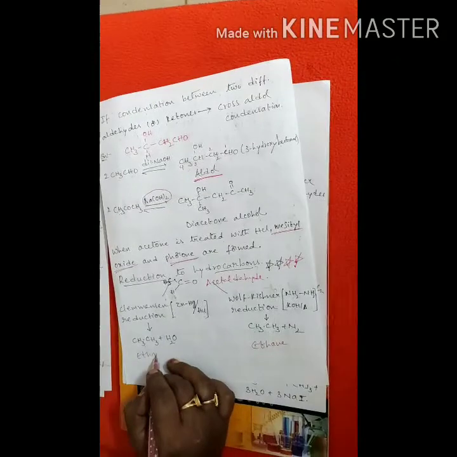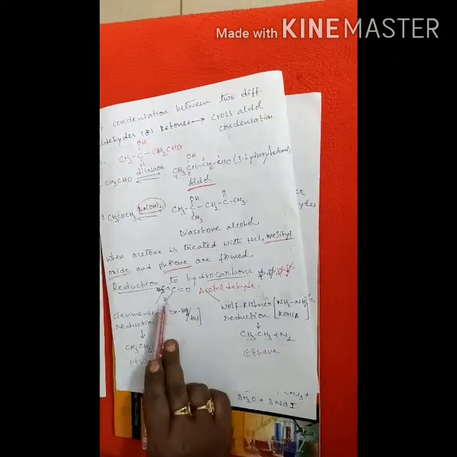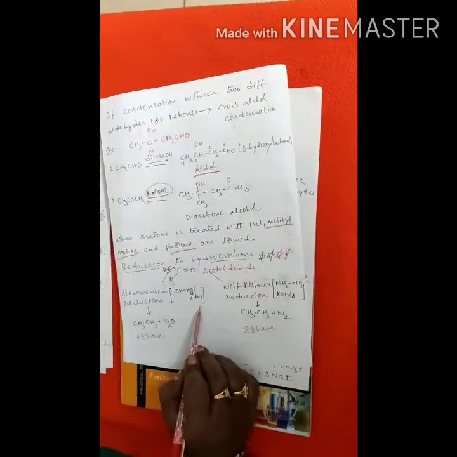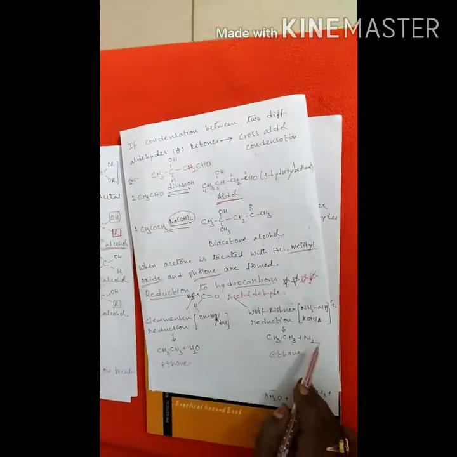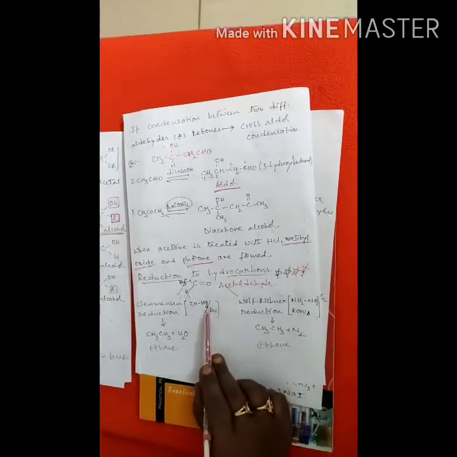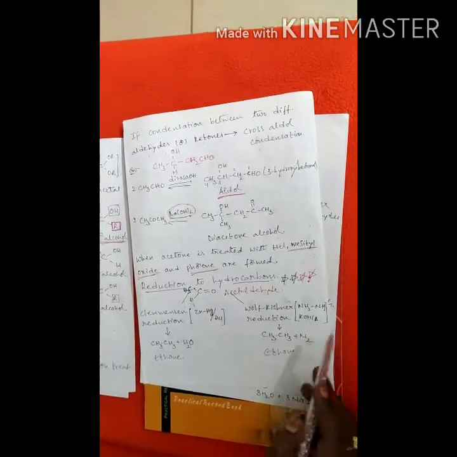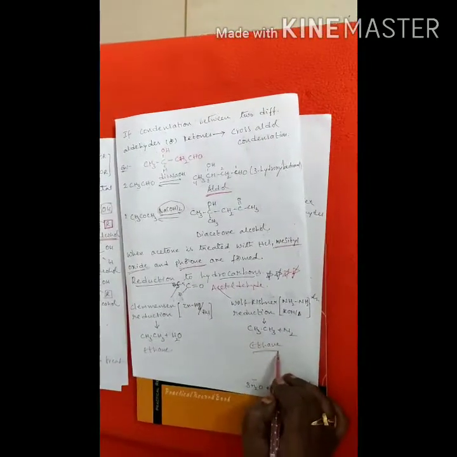What is the difference? Here acetaldehyde is converted into ethane in presence of zinc amalgam and HCl, whereas in this case aldehyde is converted with hydrazine and KOH, and we get ethane.